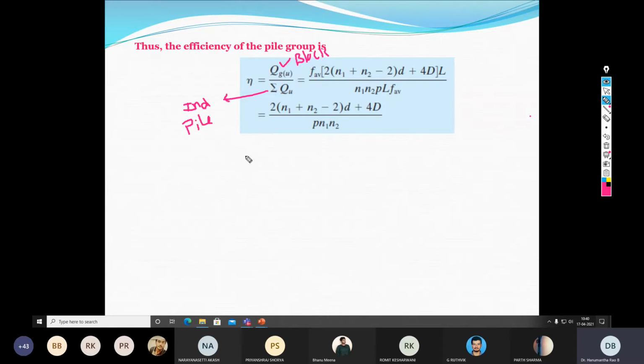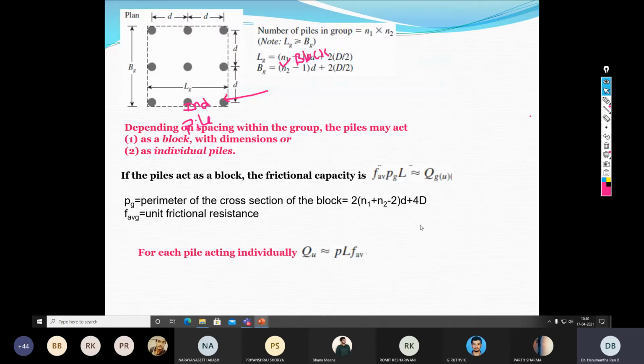Now let us understand how the spacing impacts the overall efficiency. For the pile group, as we have seen from the previous slide, the skin friction is F average into perimeter into length. The perimeter is written in terms of the number of piles and spacing.